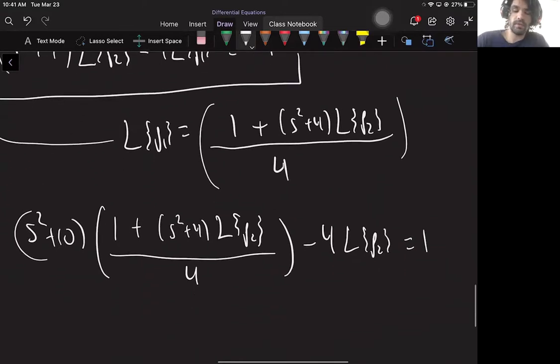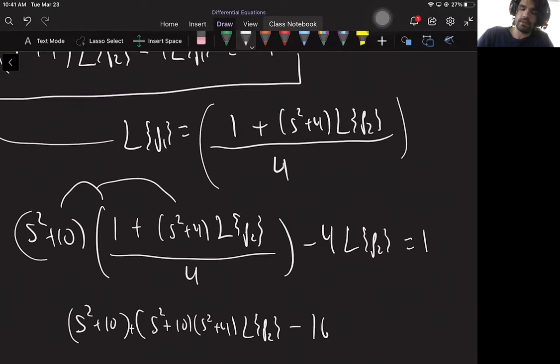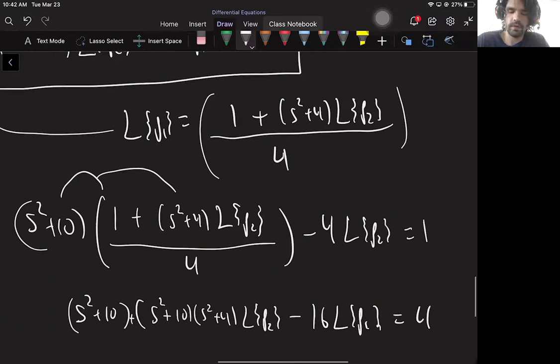Okay, so I can multiply everything by 4 and distribute this thing in here to get s squared plus 10 times s squared plus 4 minus 16 times L of P2 equals 4.